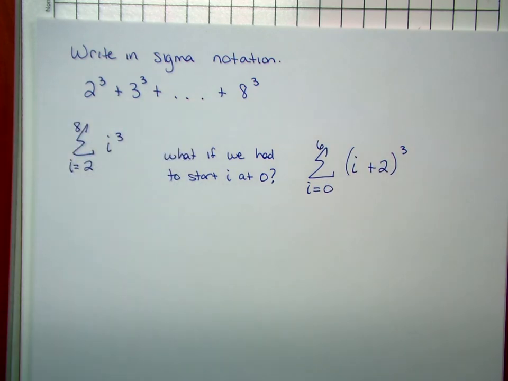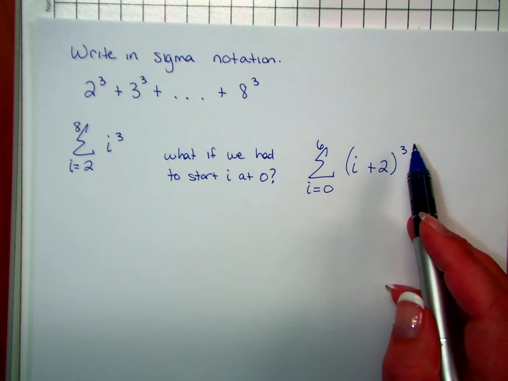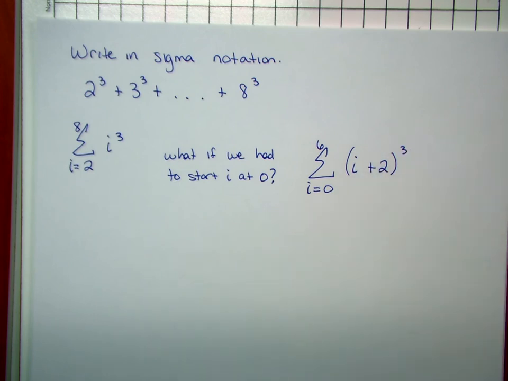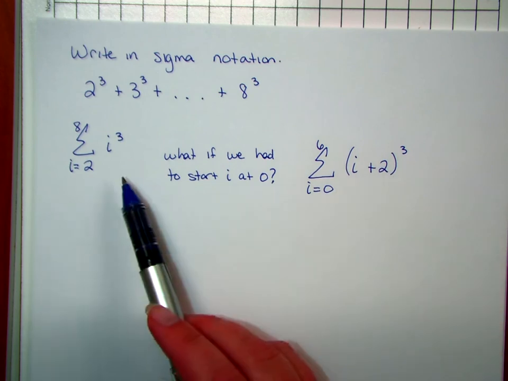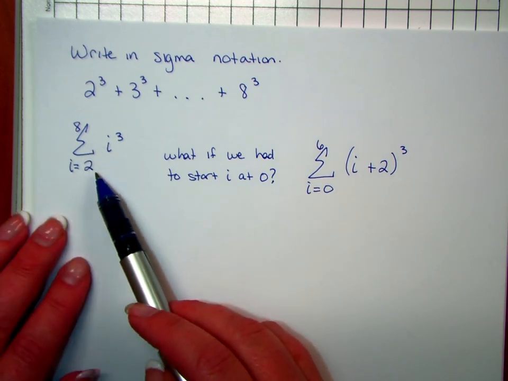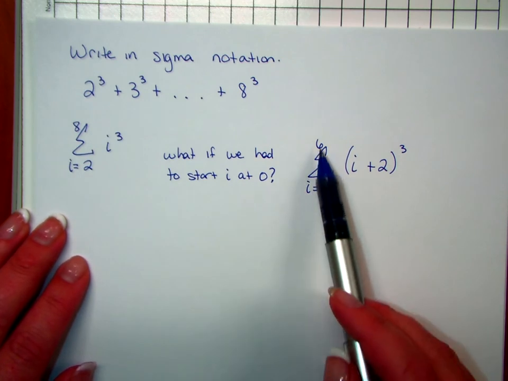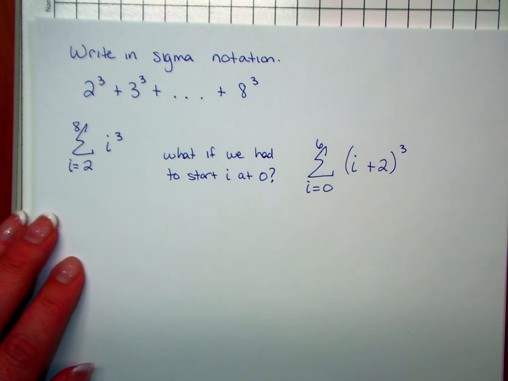So we're going to have 6 terms there of that number cubed: 2 cubed, 3 cubed, 4 cubed, 5 cubed, 6 cubed, 7 cubed, and 8 cubed. So sometimes they're going to make you not take the easy way out by changing where your index starts and ends. Sometimes they're going to force you to start it at 0, and make you think about where it needs to end and what the terms need to be.